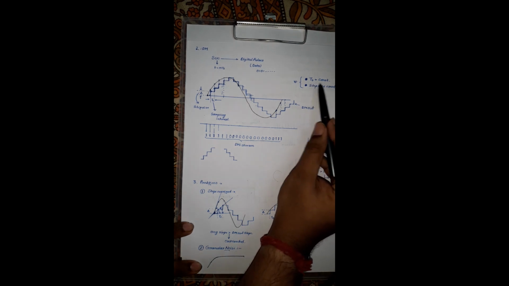What is the second problem telling? Suppose, assume that a signal is like this. That means after a particular time the signal is not varying too much, or the signal has become almost constant. At that time, what will the delta modulation output be? It again has the fixed step size as well as the fixed sampling time interval.